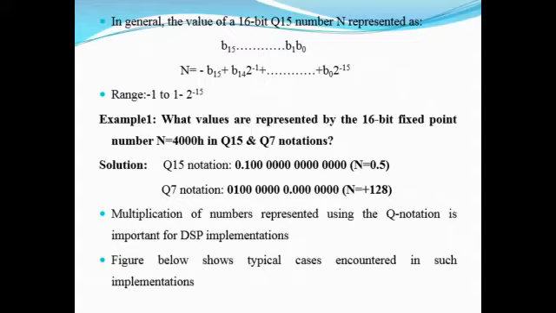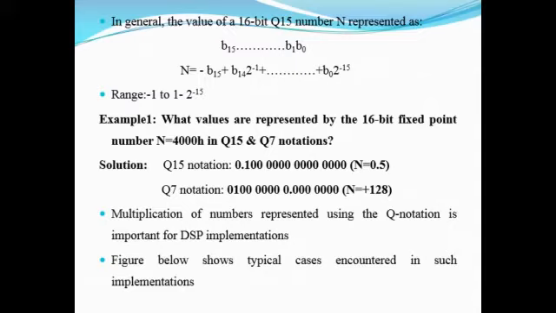So I have represented the value 4000 H, which was in hex, as a binary value. We get 0 1 0 0 0 0 0 0 followed by 8 zeros. So this is just a general representation.